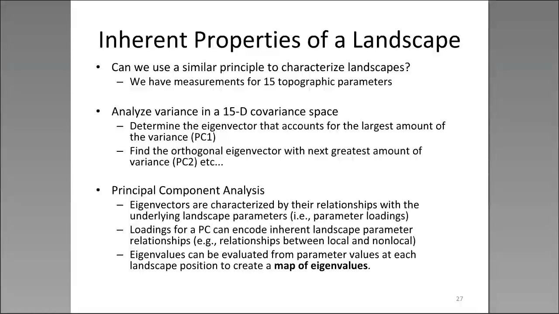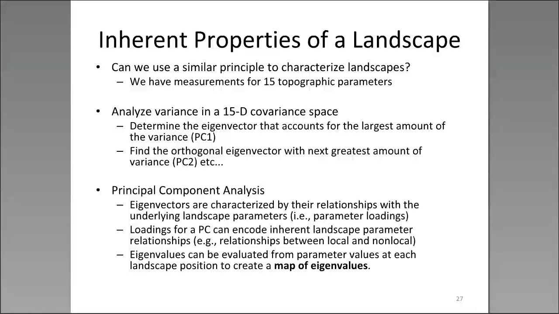And then we search for orthogonal eigenvectors that have varying amounts of variance, and we can rank those by the amount of variance that they account for. So this is the principal component analysis.